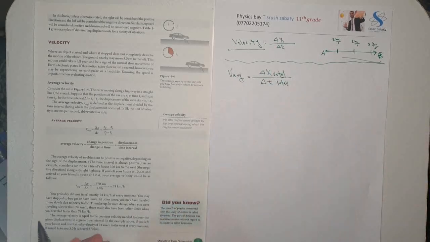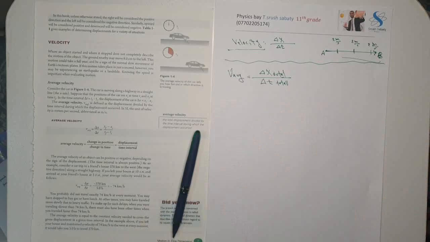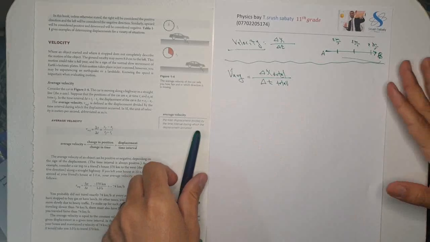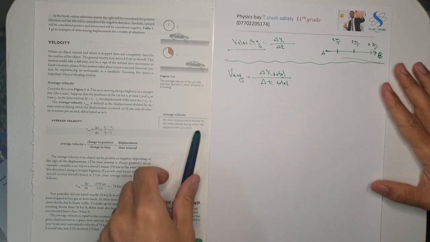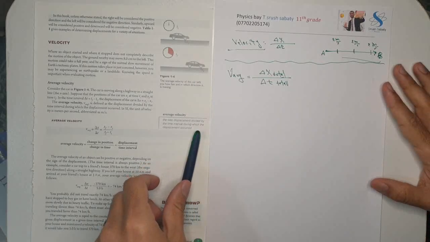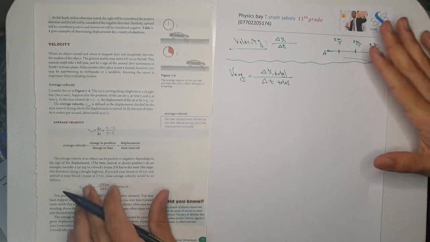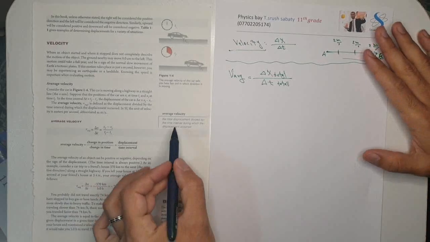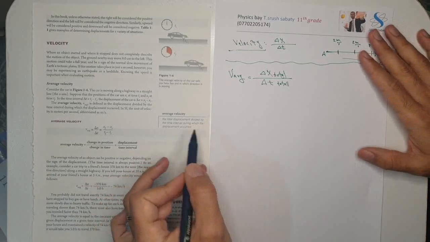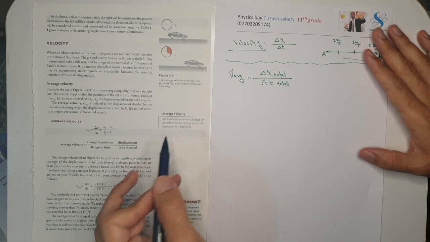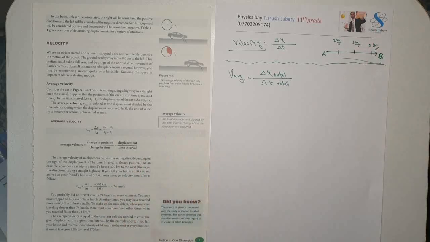So v average is delta x total divided by delta t total, the total displacement divided by the time interval during which the displacement occurred.